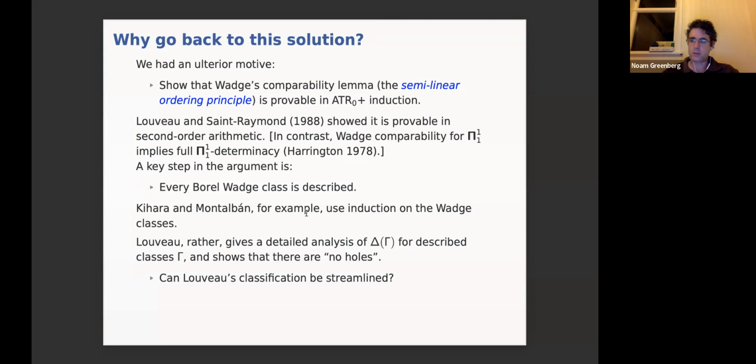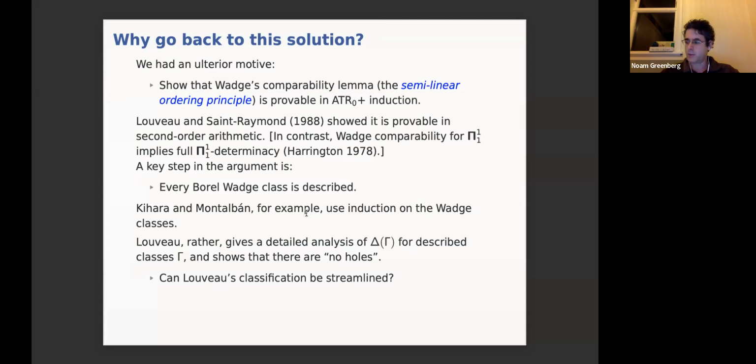The natural way to deduce Wadge's lemma is to deduce it from determinacy. It's an immediate consequence of the determinacy of the Wadge game. So it seems like the original way that Wadge proved his lemma was to invoke Borel determinacy, proved by Martin.